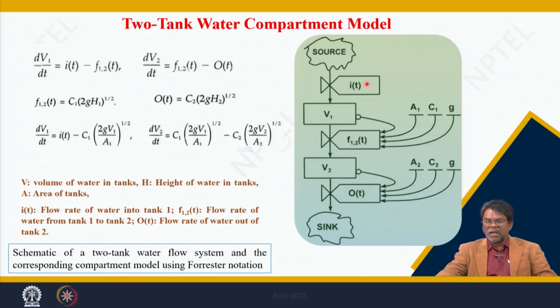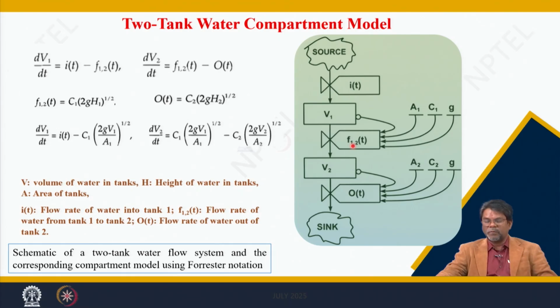So, this inflow into tank 1 is a rate variable, and V1, the volume of water in tank 1, is a state variable that changes over time. And again from V1 to V2, this is the rate variable F1 to T.